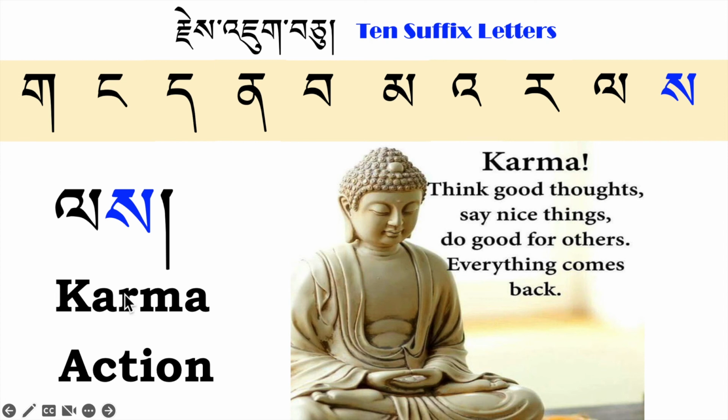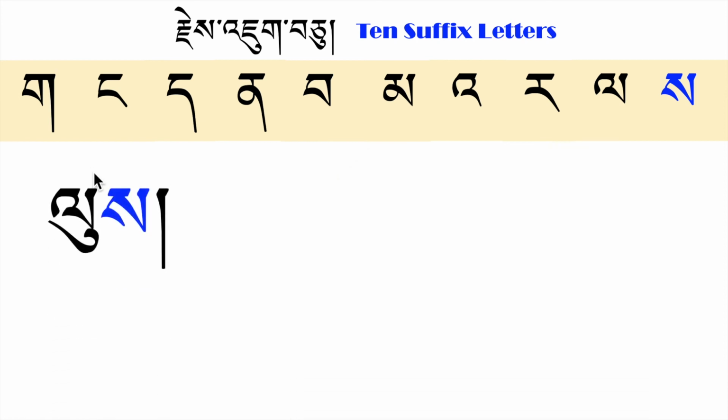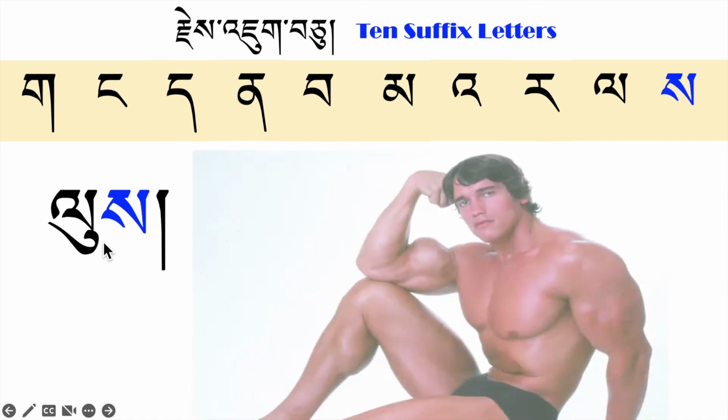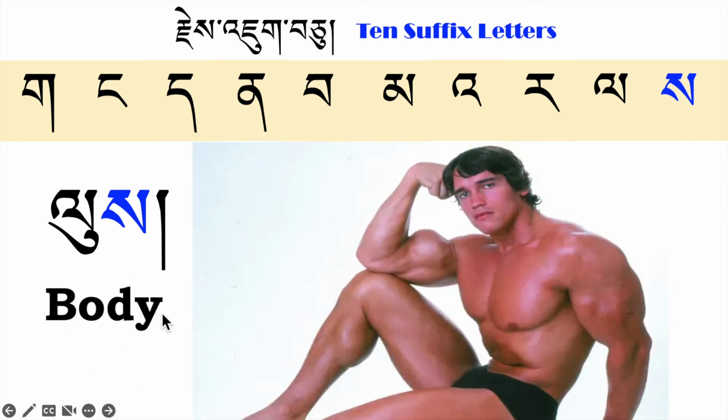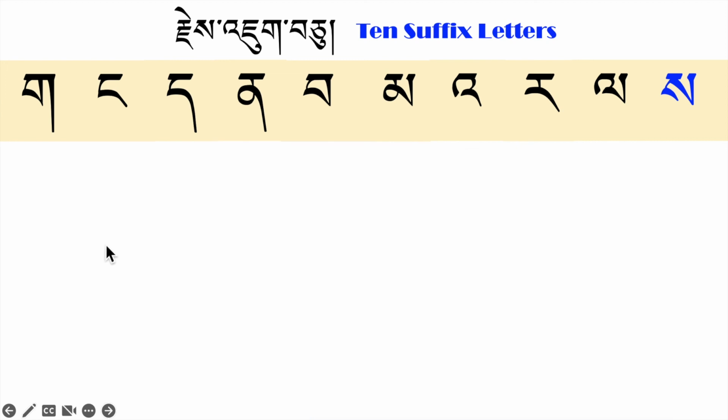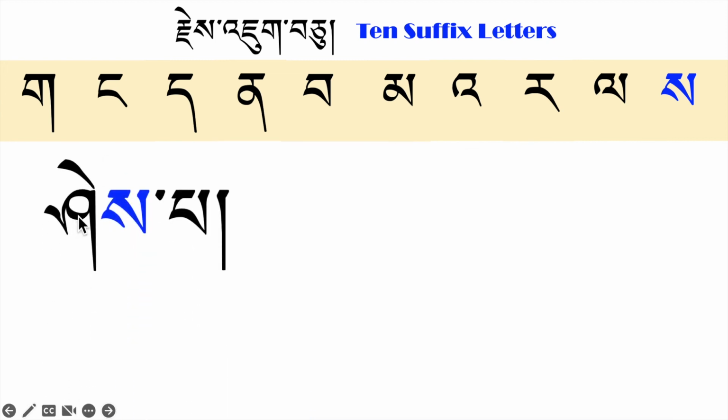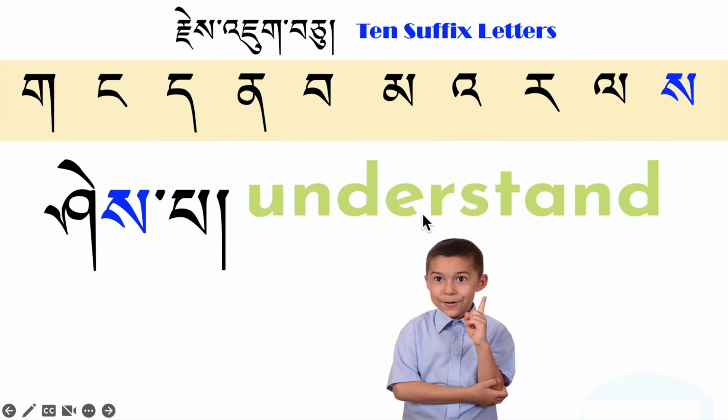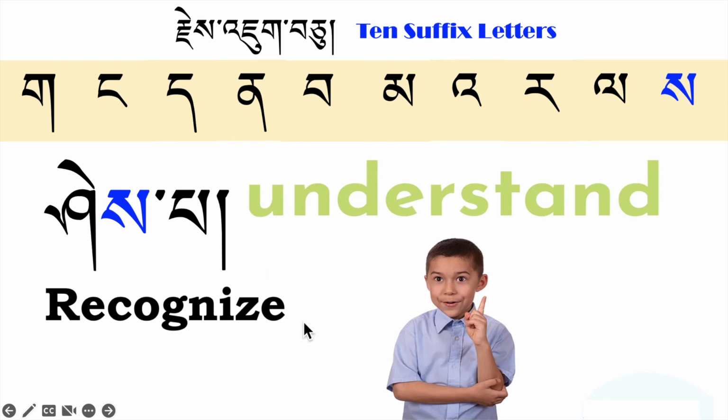So you have good karma and bad karma. Next one, la shabju lu, sa, lu. Lu meaning is the body. Next, sha dengbo she, sa, she pa. Shepa meaning is to understand or recognize.